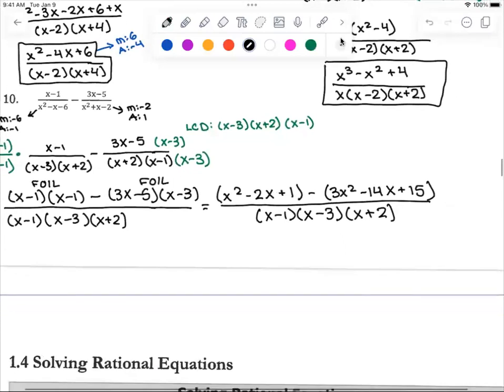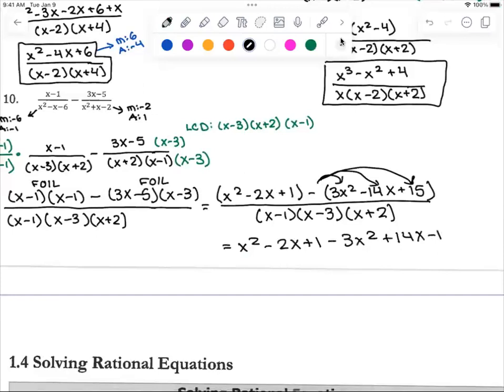Last thing, hopefully, if it doesn't factor, we need to distribute that negative sign to all three parts. So that's going to give us X squared minus 2X plus 1 minus 3X squared plus 14X minus 15. Again, my denominator has not changed.